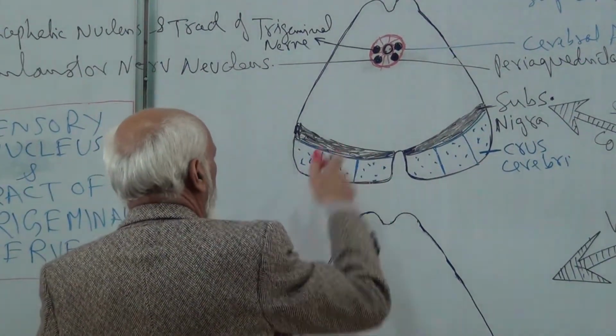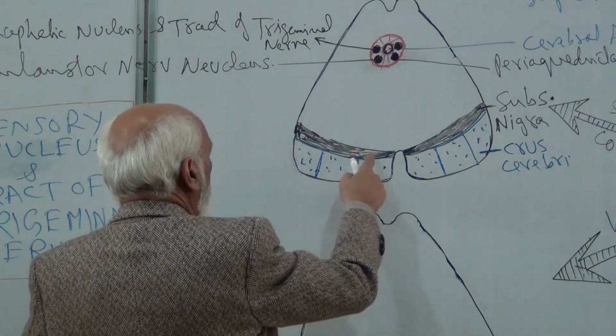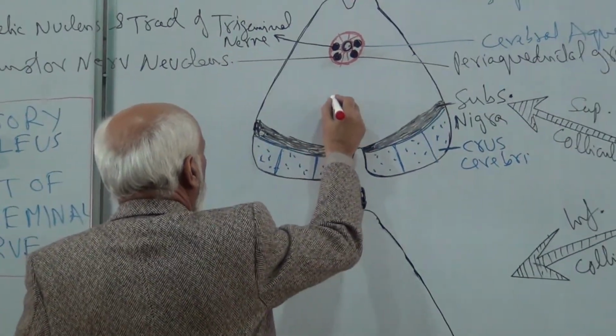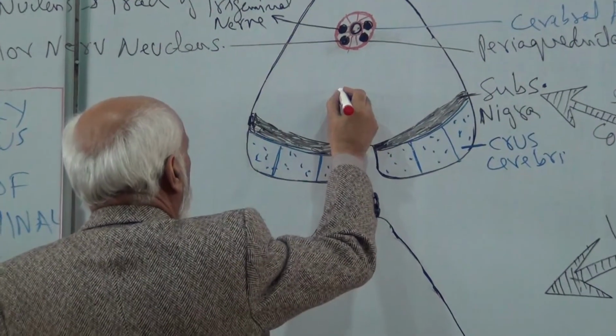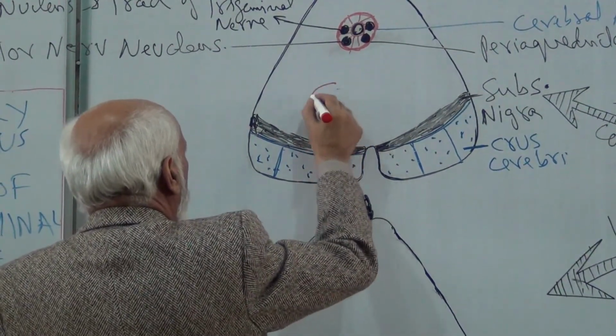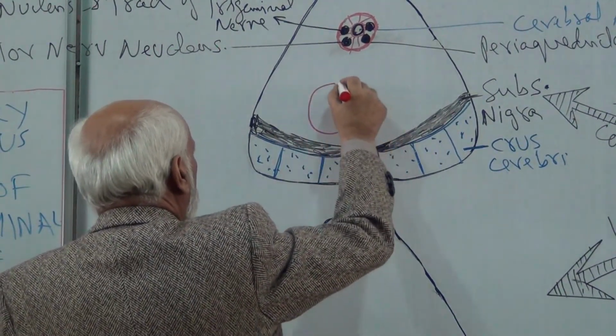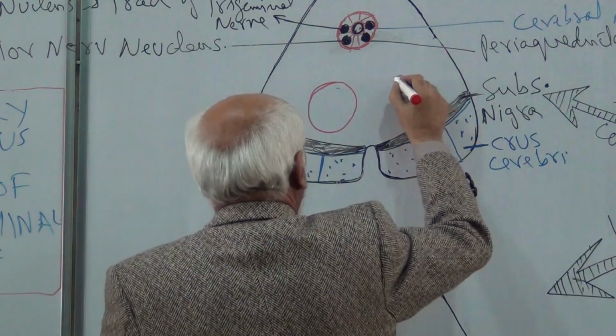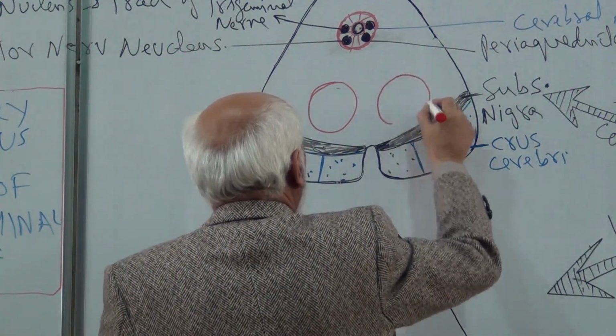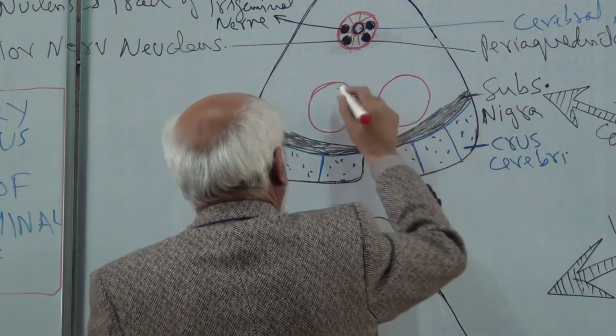Now here, dorsal to the medial part of the substantia nigra in the midbrain at the level of superior colliculus, there are 2 nuclei, one on each side, known as the red nucleus.